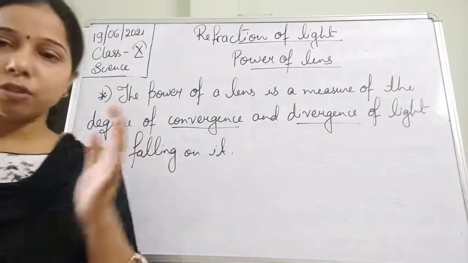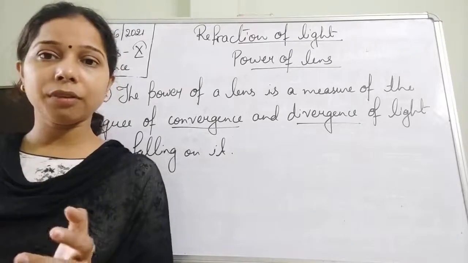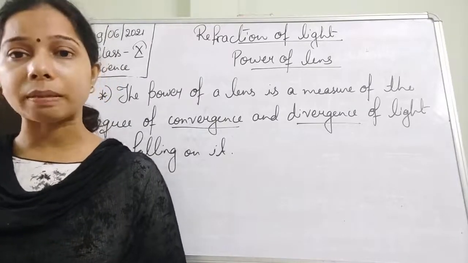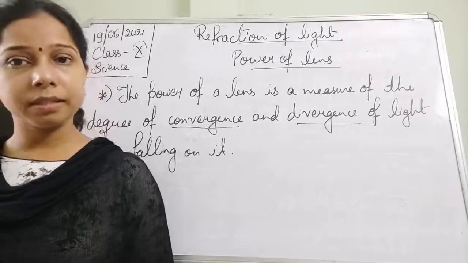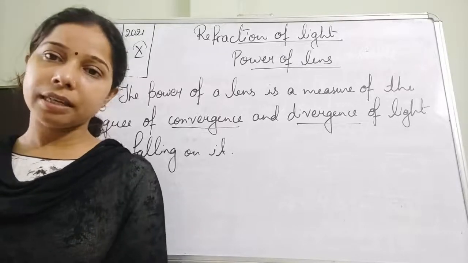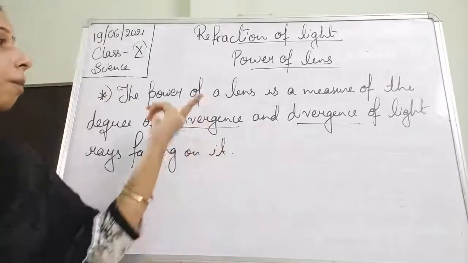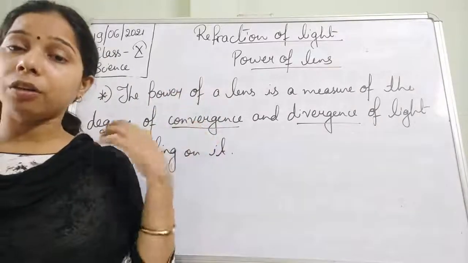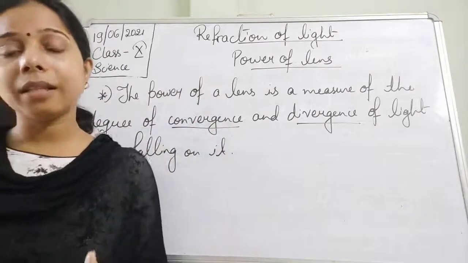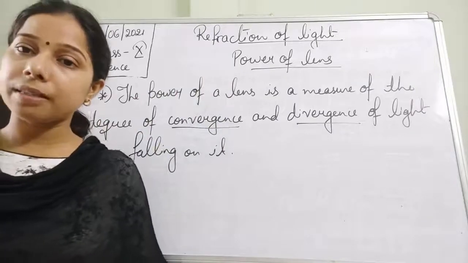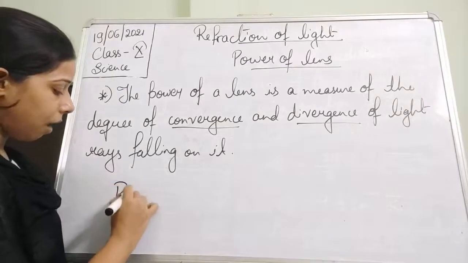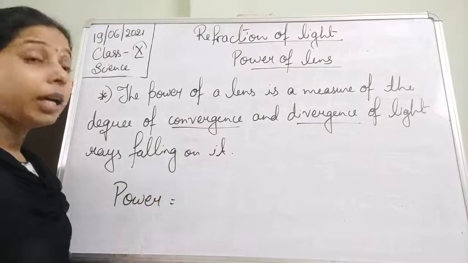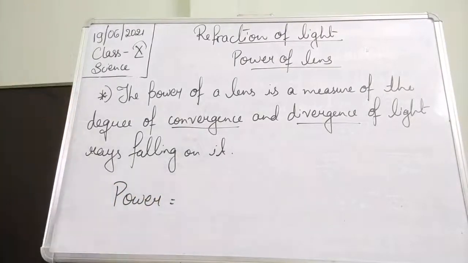Now, what will the converging and diverging help with? It will help in finding the focus, that is, the distance from the optical center, the focal length. So we can say that the power of the lens depends upon the focal length of the lens. How? Power will be inversely proportional to the focal length of the lens.